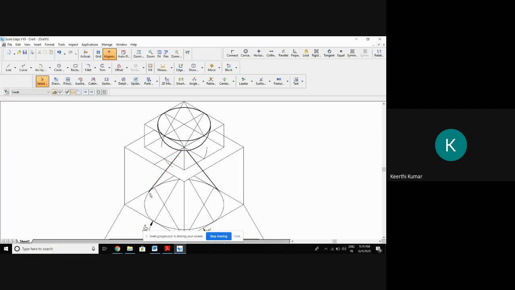Then once this is thick, this surface, this one and this one, will be visible. So make it thick. See, I'll make it first, you observe properly. You overwrite with a thick line.